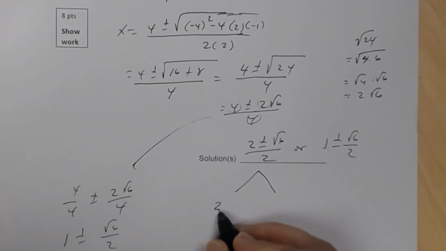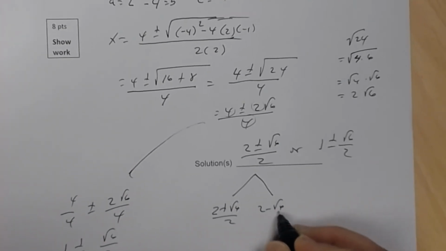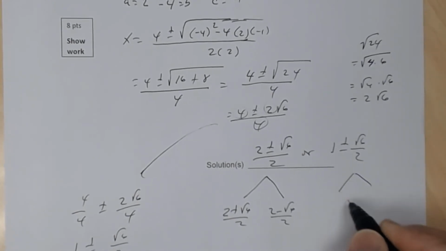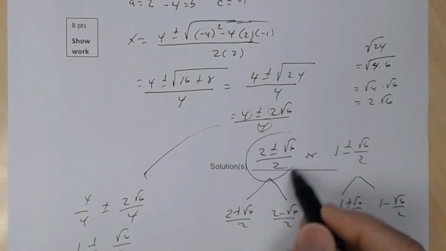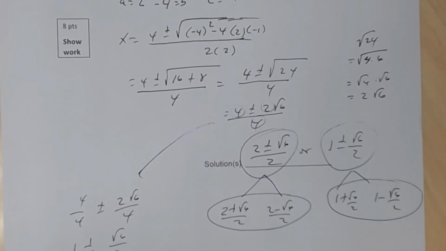So you could have said 2 plus the square root of 6 divided by 2, 2 minus the square root of 6 divided by 2, and the same thing here: 1 plus the square root of 6 divided by 2, 1 minus the square root of 6 divided by 2. So these are all different ways of writing the solution.